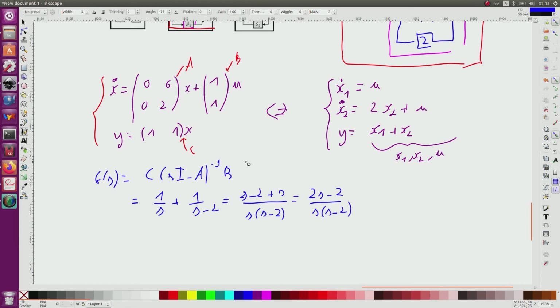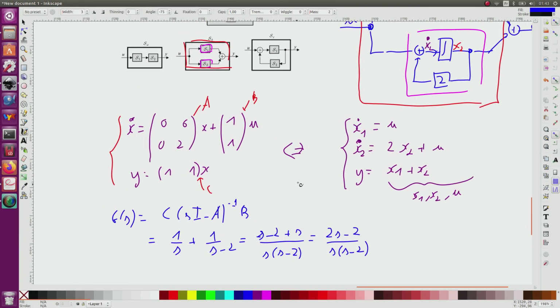Okay, so this one is probably much more complicated than, and I know directly that they are in parallel, and since they are in parallel, the transfer functions should be added.